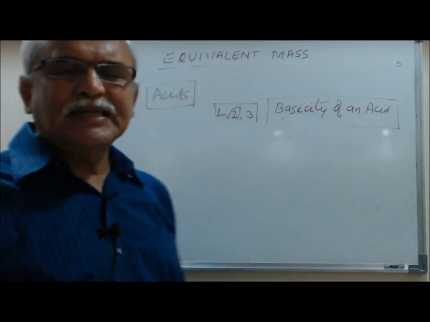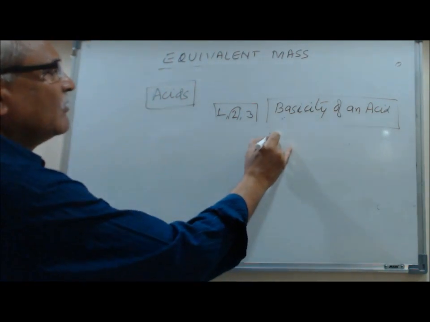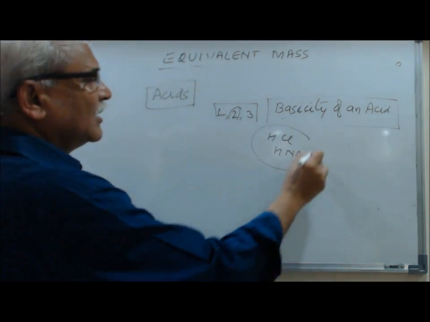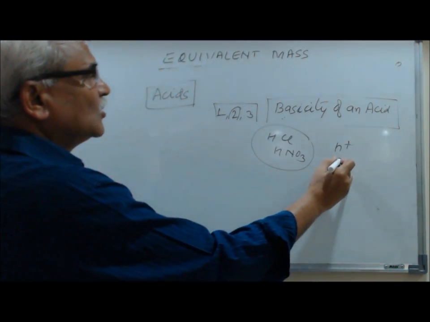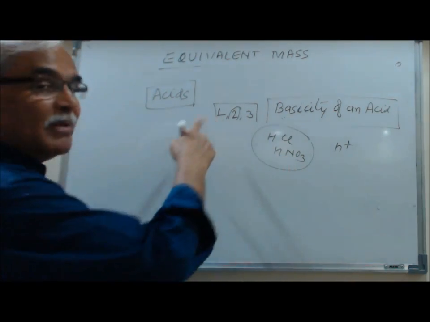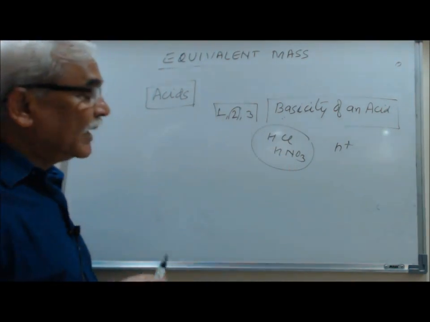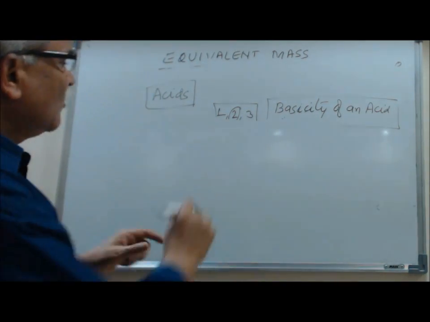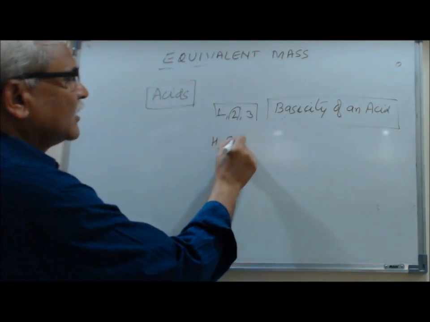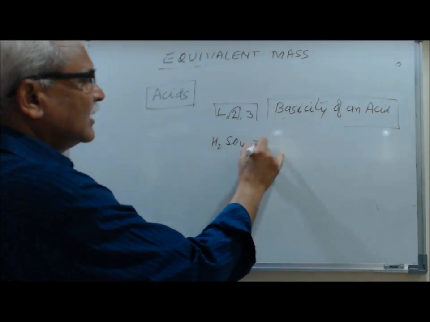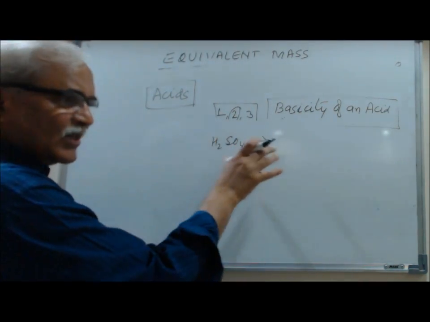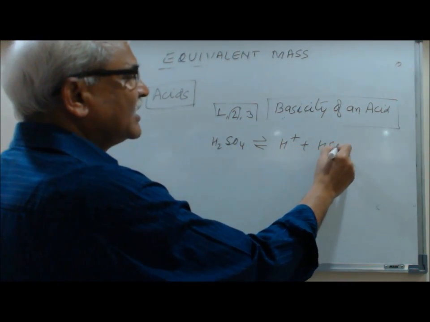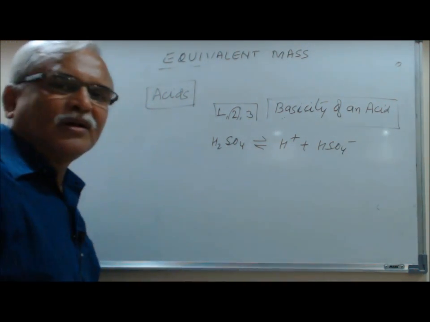For monobasic acids, there is no problem. Monobasic acid always will give or can give only one proton. They are monoprotic. They are monobasic. So their basicity always will be 1. But please concentrate. In case of diprotic acids, it so happens that in one stage of a reaction only one proton comes out, and you must have definitely seen certain reactions.